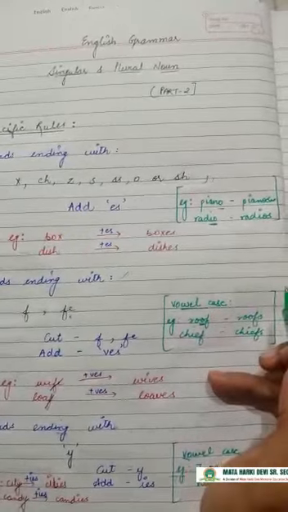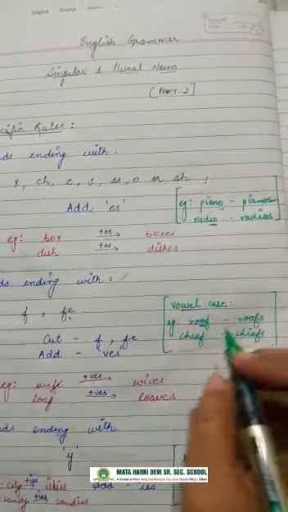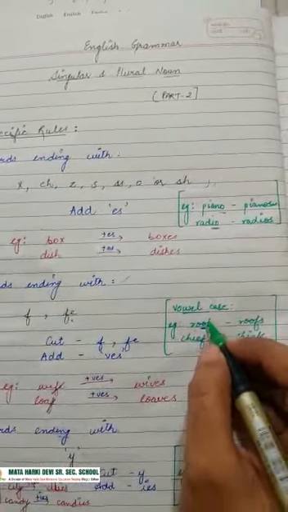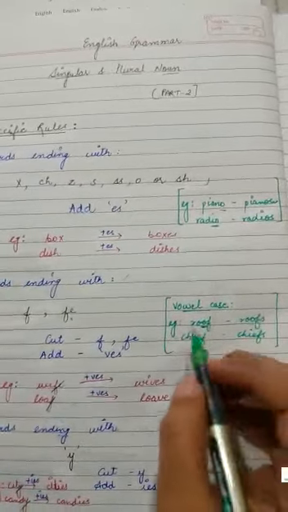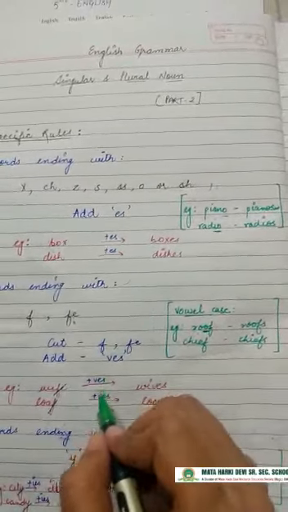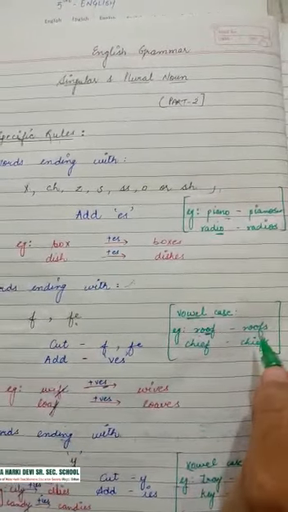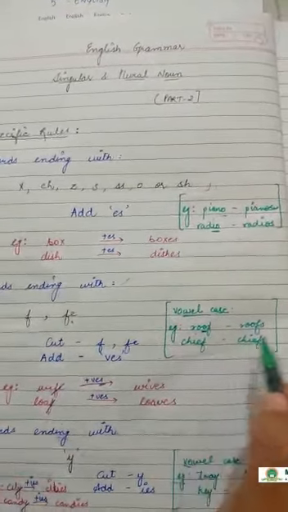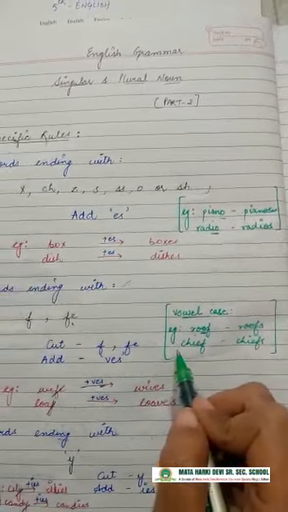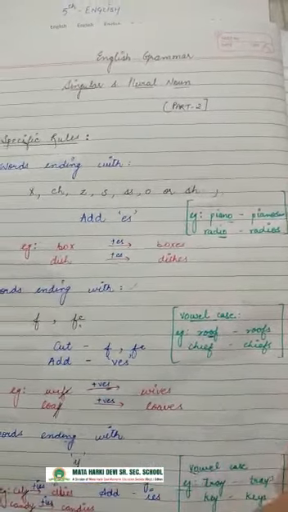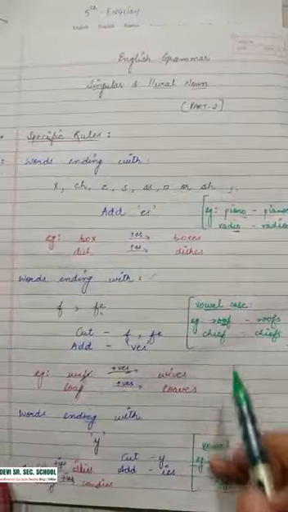A, E, I, O, U are the vowels. When you have a vowel before f or fe, you will not add ves. You'll just add s to it. For example, roof, roofs. Okay, chief, chiefs. So this is the second exception.